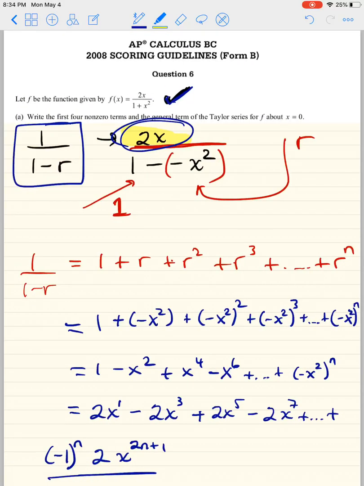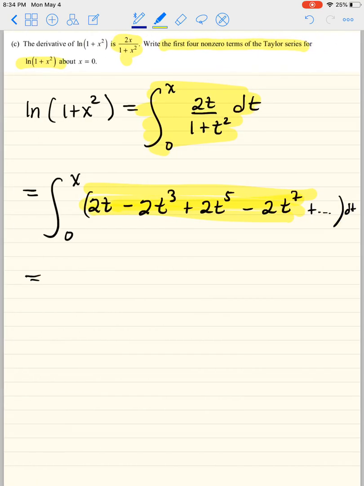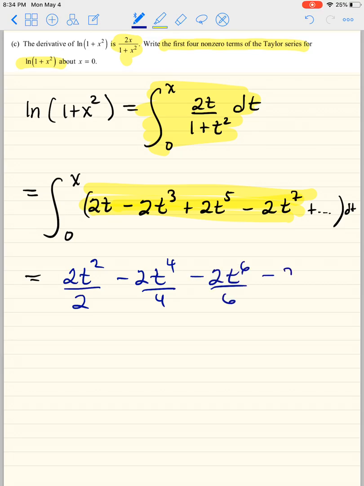So that's this here. But now I'm just putting it in terms of t. And it's so wonderful because what you just found out is, we got 2t squared over 2 minus 2t to the 4th over 4 minus 2t to the 6th over 6 minus 2t to the 8 over 8. We're going to plug in our x.